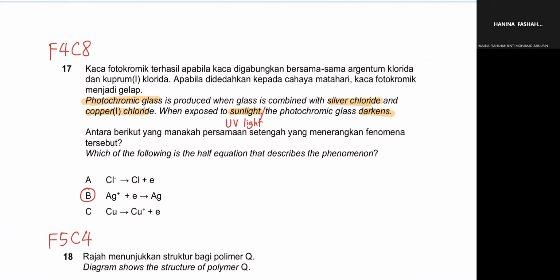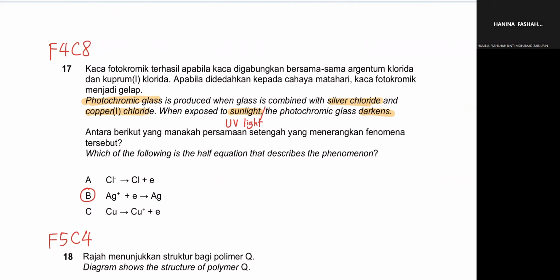So this one is also Form 4 chapter 8. Photochromic glass is one of your superconductor. This glass, basically you have to put glass, silver chloride, and copper 1 chloride. This one is able to switch mode, if you remember. The glass at daytime turns dark. At night time it will turn brighter.